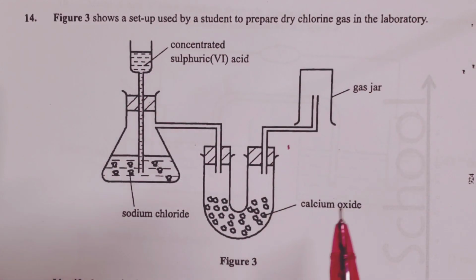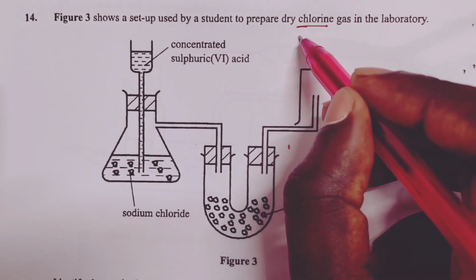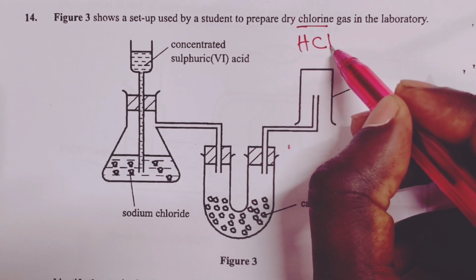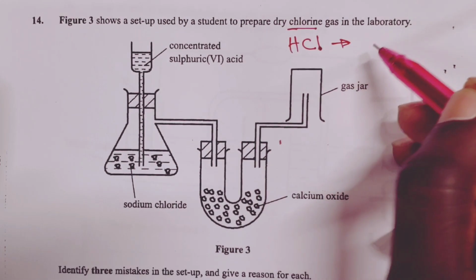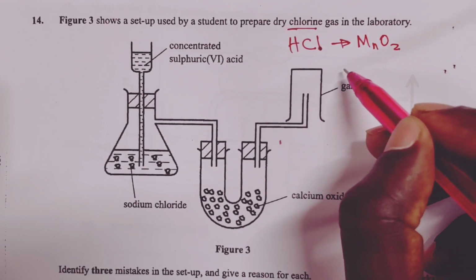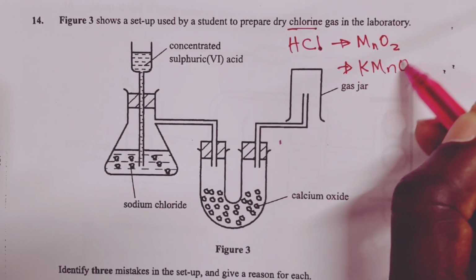So looking at the setup, we needed chlorine gas, which we know is produced by oxidation of concentrated hydrochloric acid. Of course, common oxidizing agents used here are manganese(IV) oxide, or we can also use potassium manganate(VII).